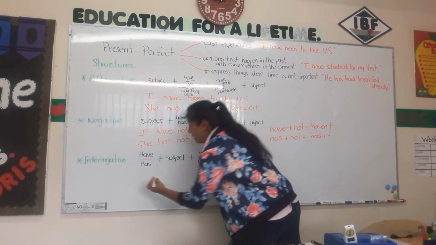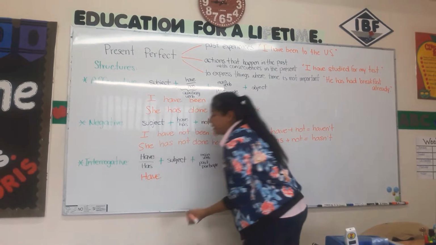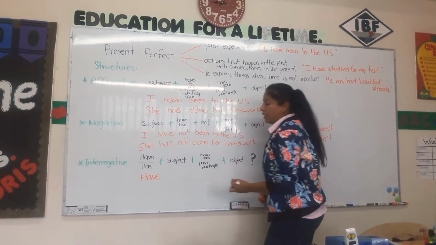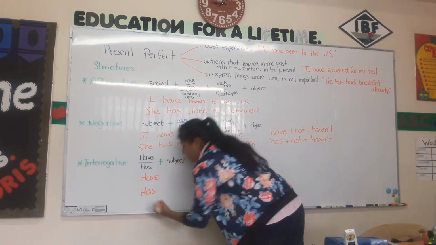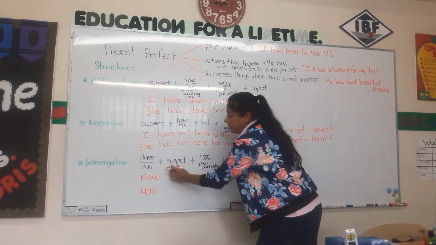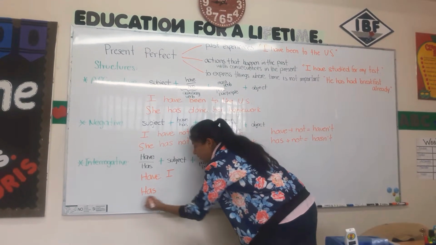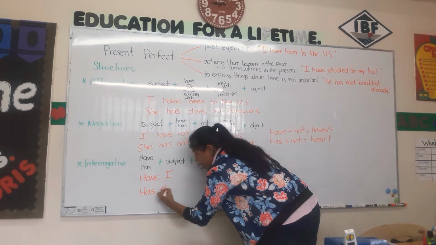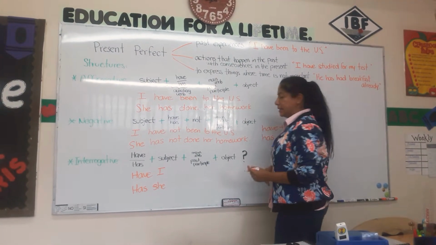The auxiliary. Remember, the auxiliary takes the first place in the sentence, in this case, have, or in the second sentence, has. And then, what do we need? The subject. Have I, has she, and then our main verb in the past participle.